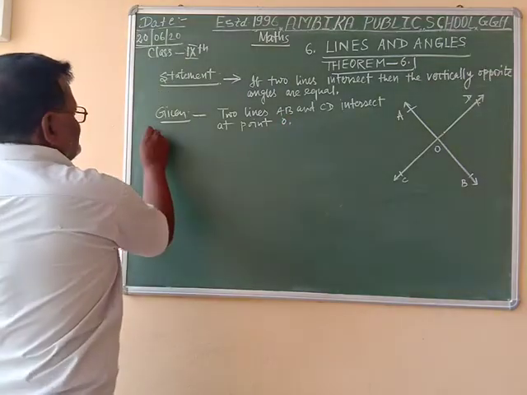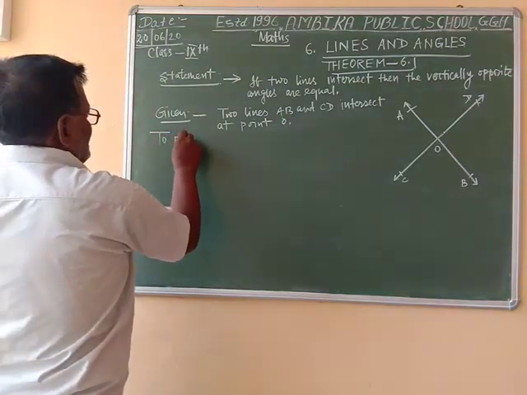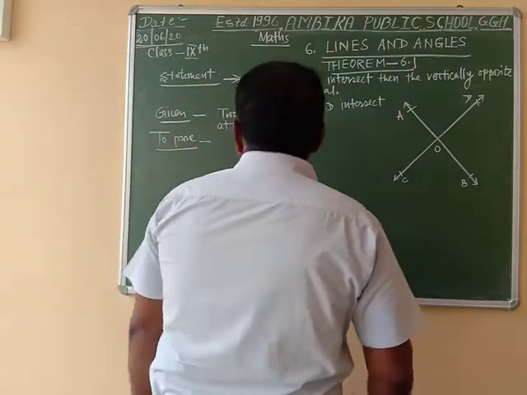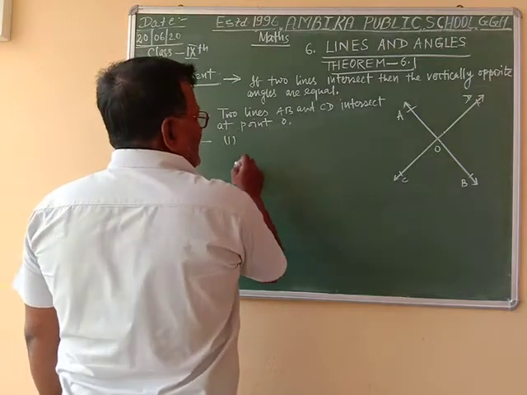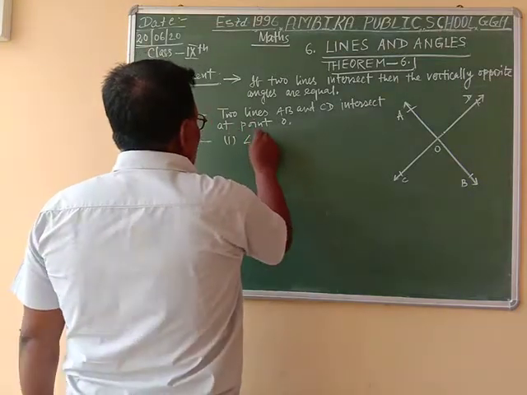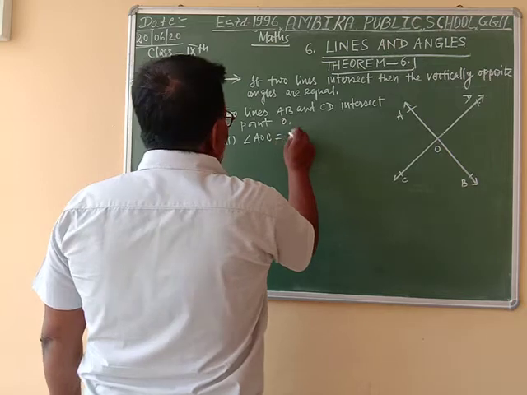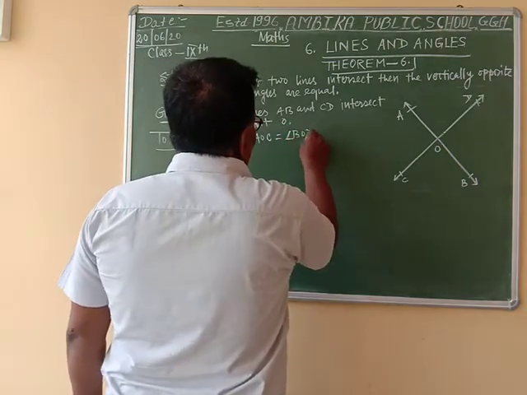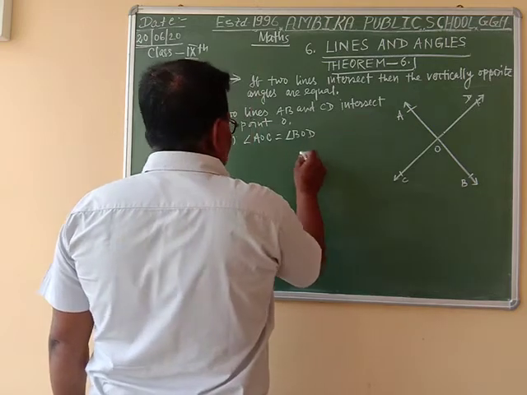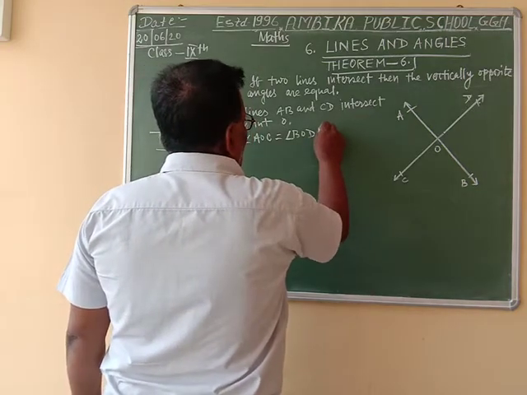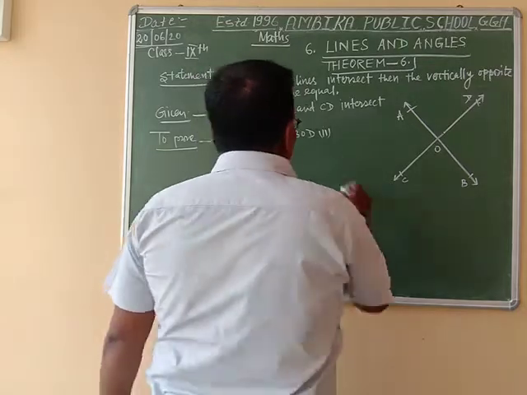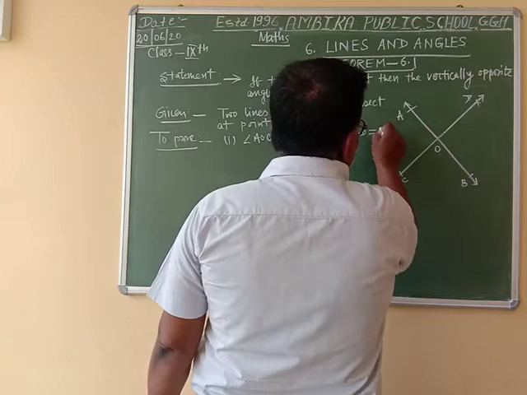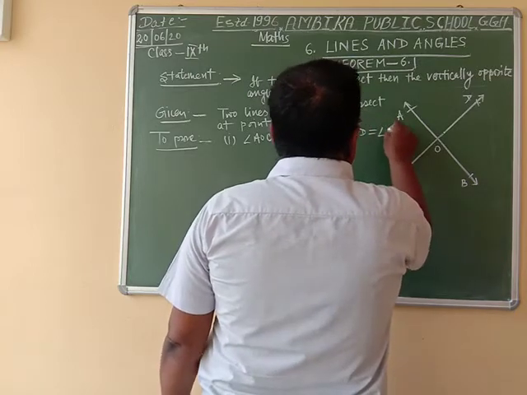To prove: angle AOC is equal to its vertically opposite angle BOD, and angle AOD is equal to angle BOC.